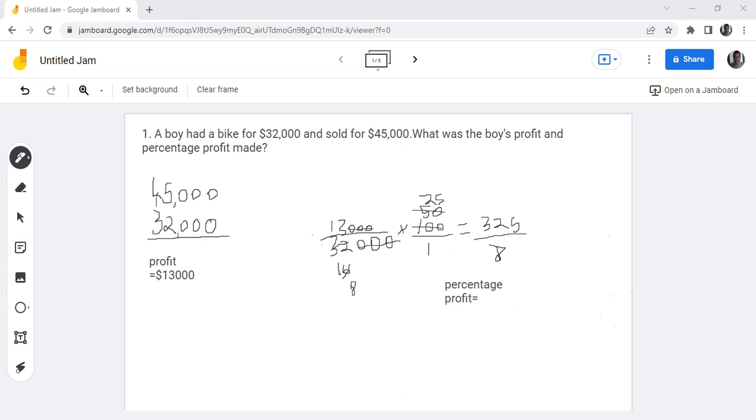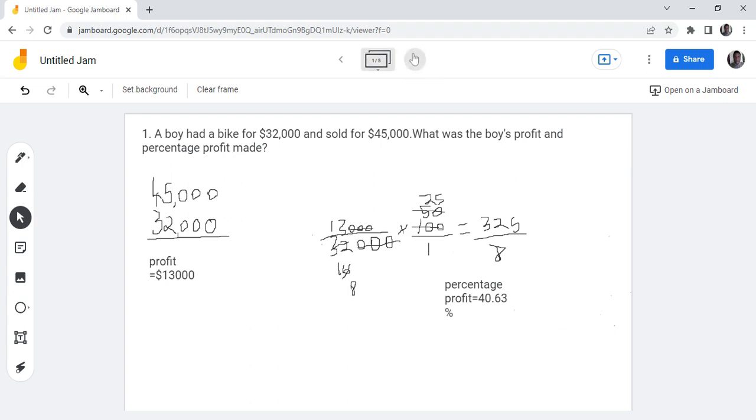You don't have to round it to two decimal places, but I would recommend it. 40.625 rounded to two decimal places gives an answer of 40.63. So 40.63%, and that's our profit percentage.